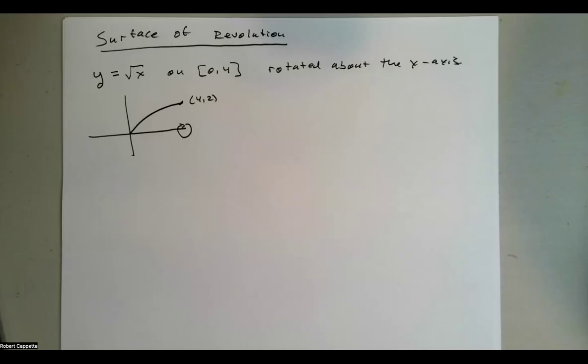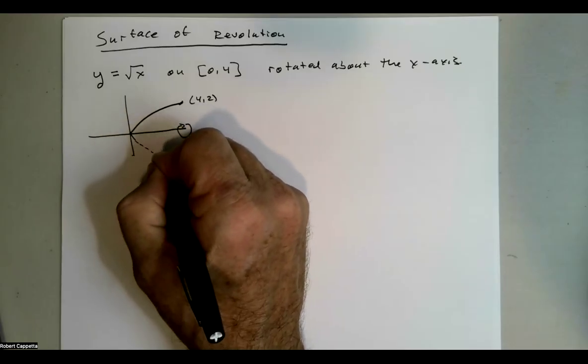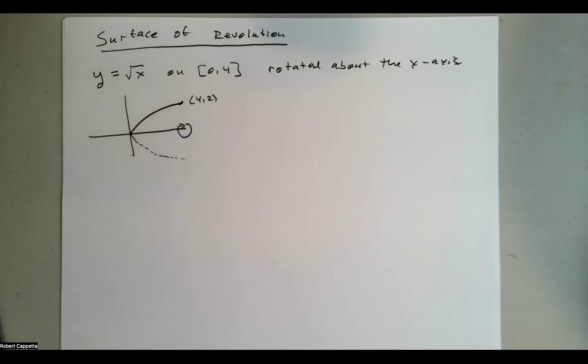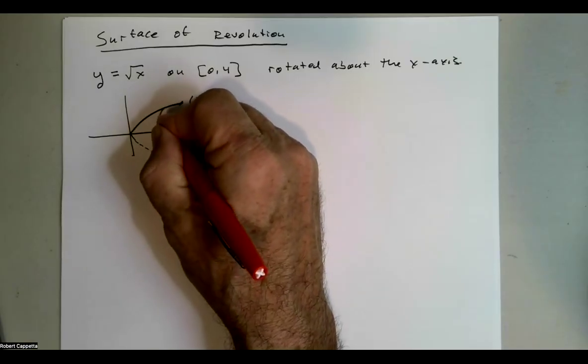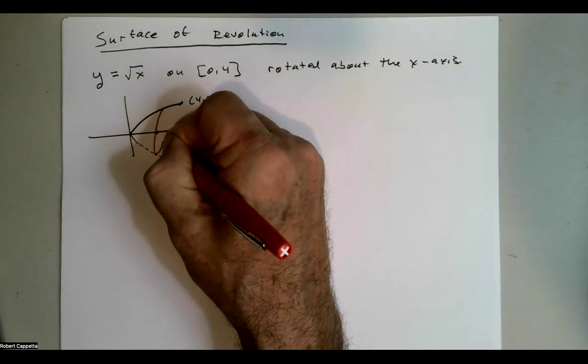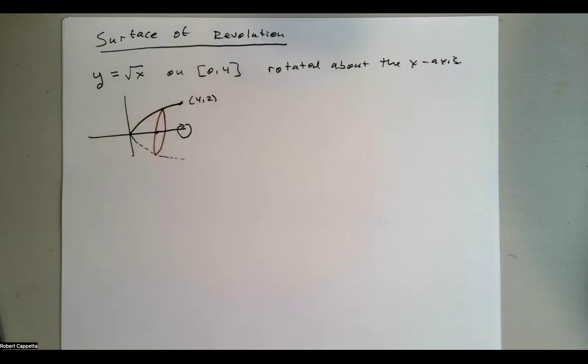Now, how do we perceive this? Can we imagine what this is going to look like? So we see we have the mirror image down here. And if I fix a value x, what we get here is a circle. Now, on that circle, the x values are always the same.